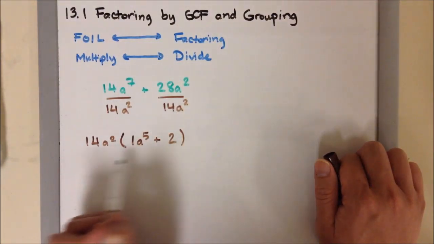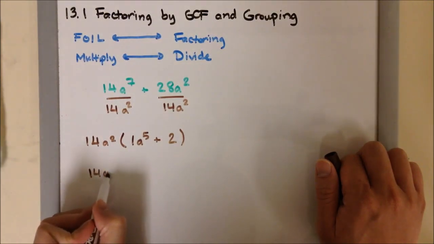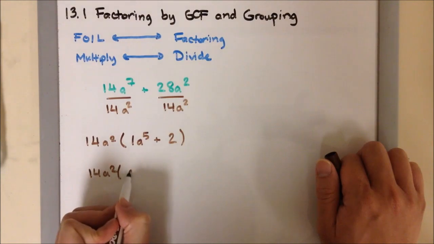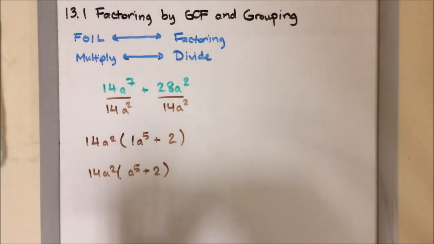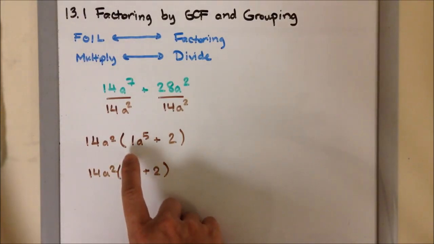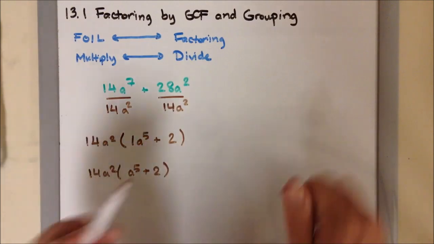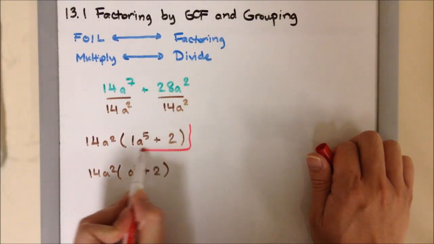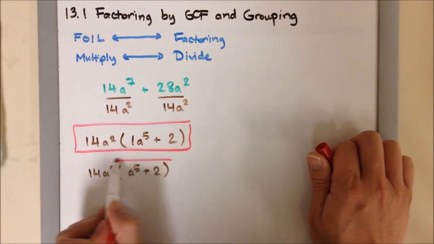Now you can write your answer like this, or you can rewrite it as 14a squared parenthesis a to the 5th plus 2, where I wrote my 1 into a visible 1 here. But either form works for me. So this one or this one.